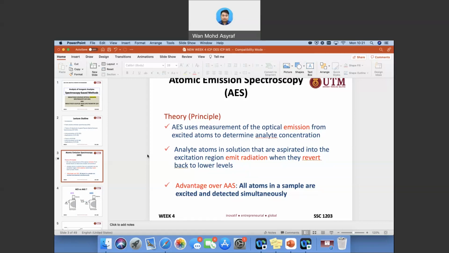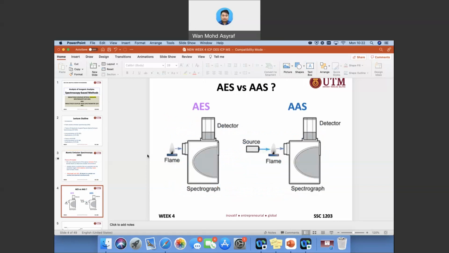Okay, we'll be looking into this later on, but this is the advantage of AES over AAS. Because in AAS, the excitation would happen for individual analytes. But for AES, all of the atoms in the sample are excited and detected simultaneously. All right. By looking at this illustration, you would see that AAS has a source of radiation.